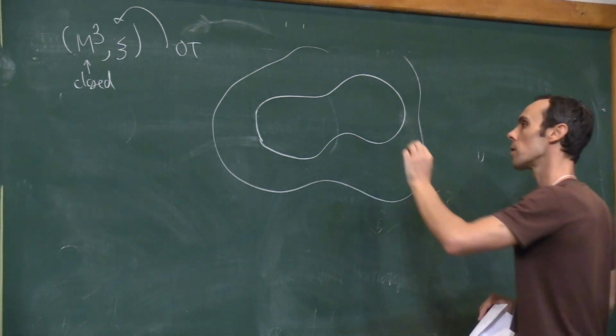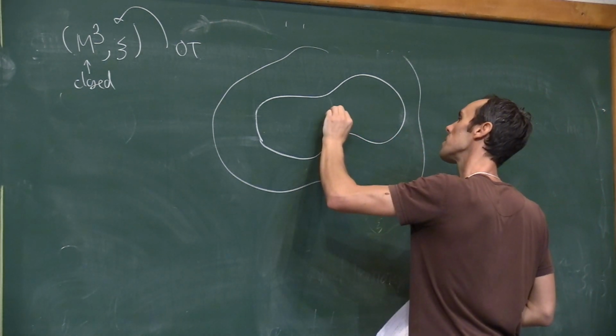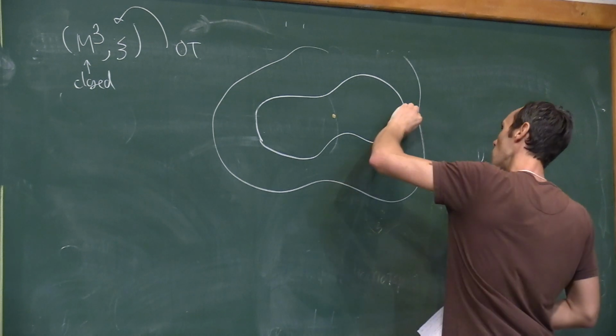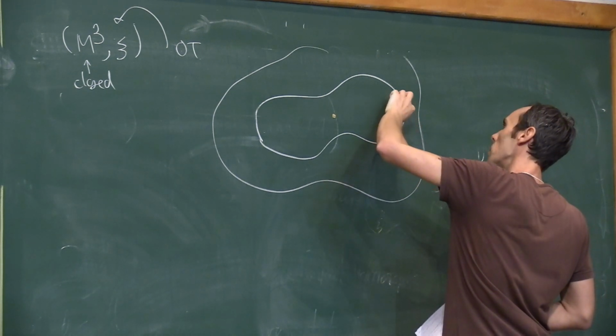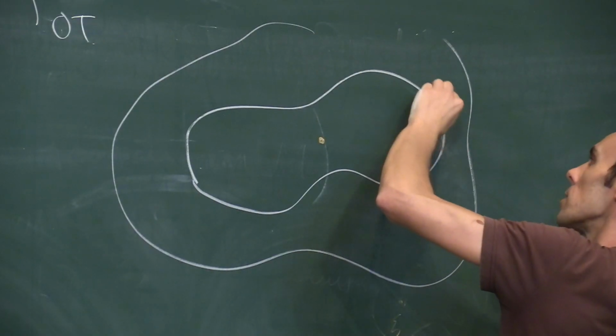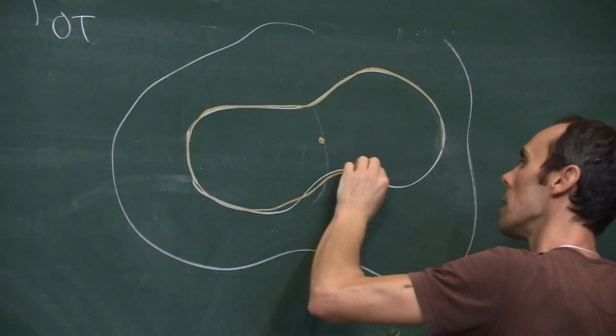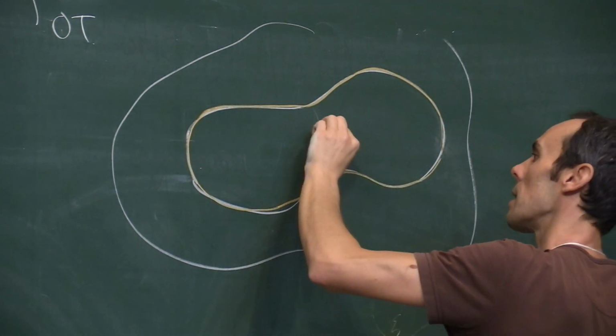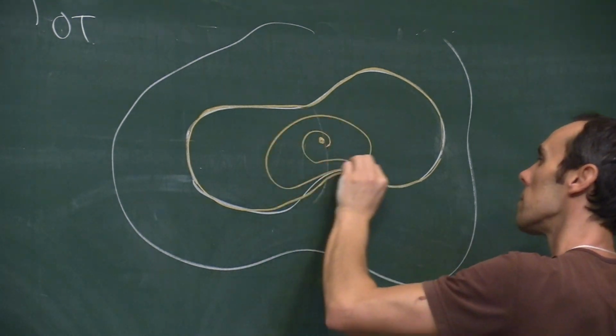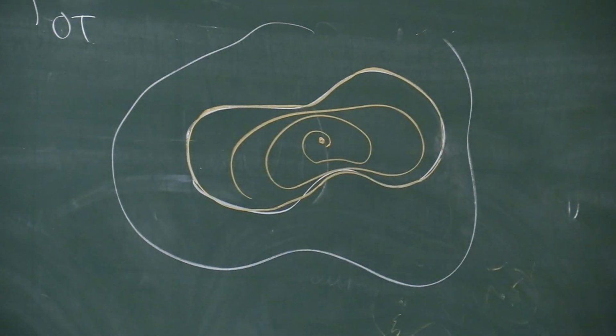Now, the line field that you're going to see is as follows. You're going to see a tangency point here. You're going to see also tangency points along the boundary, so the whole boundary is going to be an integral curve. And the other integral curves, basically, they are going to spiral around the disk.